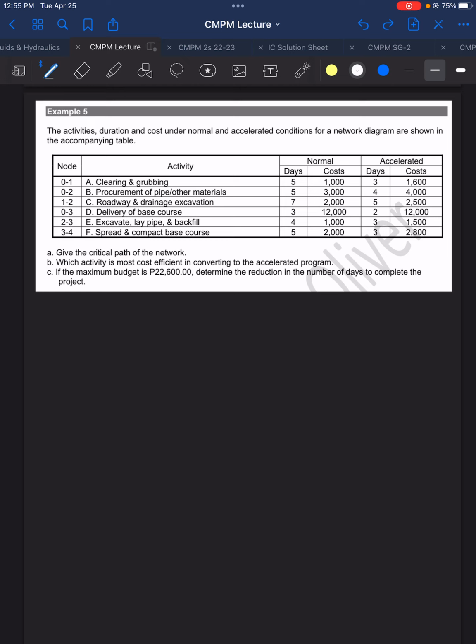First and foremost, we need to draw the network diagram. So it says here, the node 0 to 1 and node 0 to 2, they have the same node 0. Oh, no, 3. There's 3 activities with the same start.